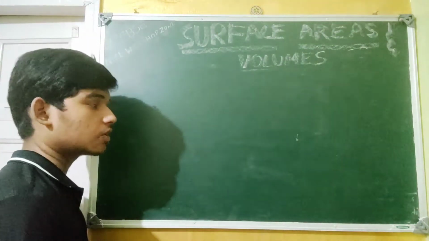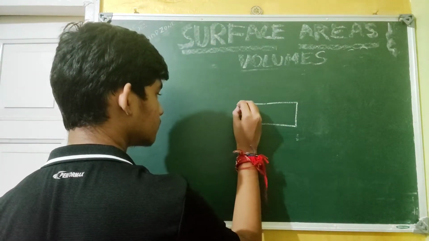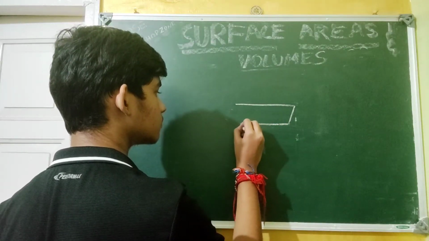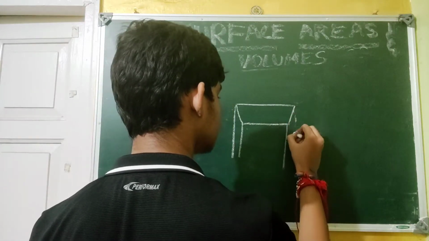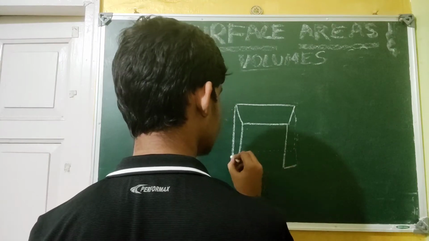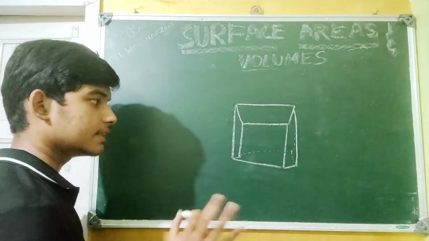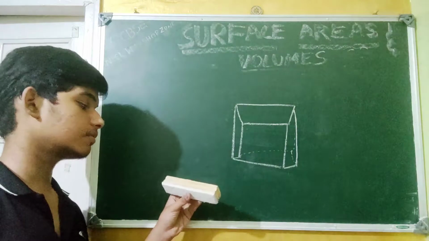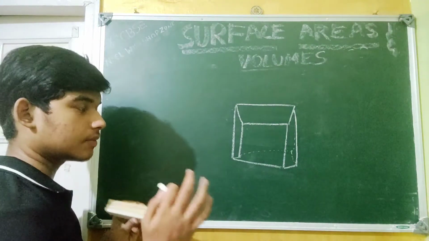Now, let me just draw a cuboid real quick. So let's say this is a cuboid. Now it looks more like a cube, but let's take this as an example. We obviously have some measurements.